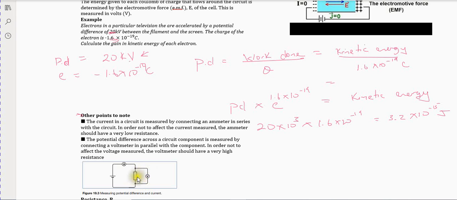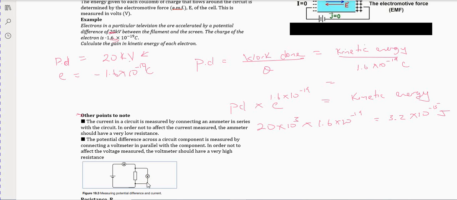resistor. The reason why we can put the voltmeter in parallel with the resistor is because it has high resistance. The higher the resistance is, the less current will be flowing through the component.